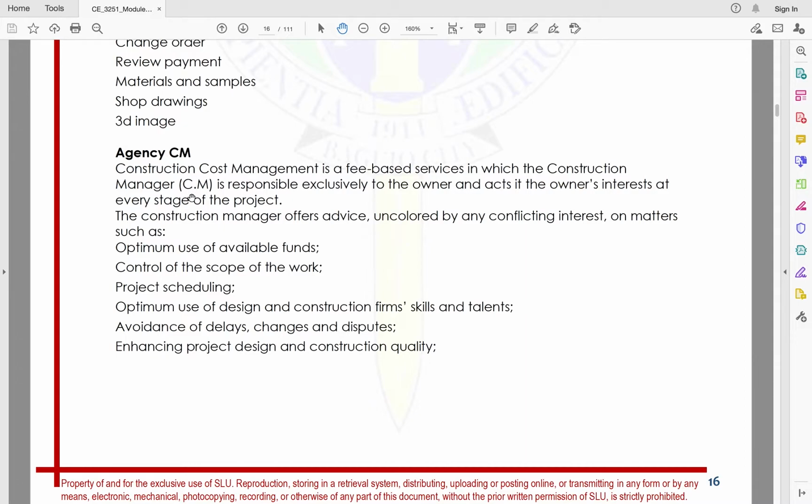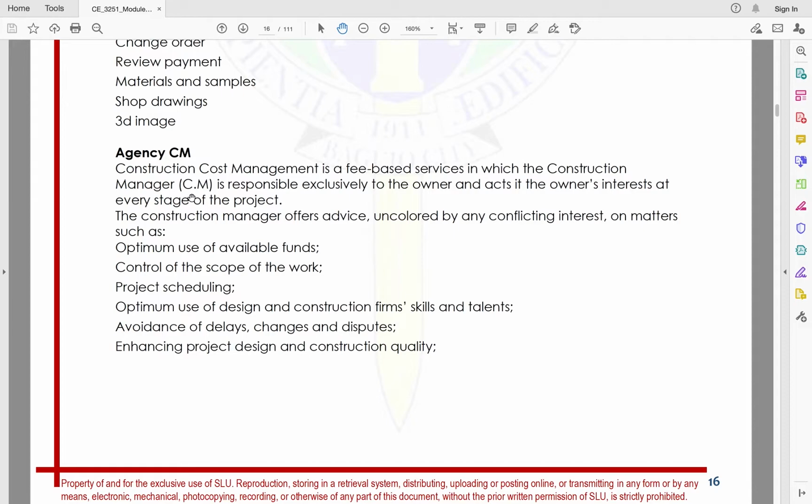Okay? So ikaw yung i-hire ni client, iba pa yung pag-awardan ng contract. So ikaw yung i-hire ni client kasi ikaw yung knowledgeable, at since ikaw yung knowledgeable, ikaw yung mag-walk through kay client sa project.